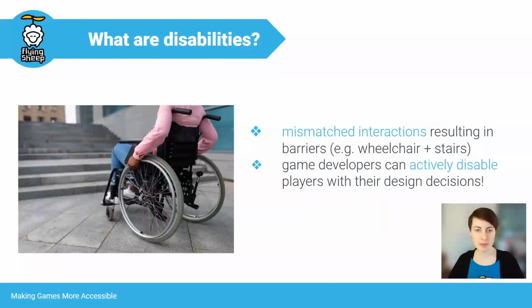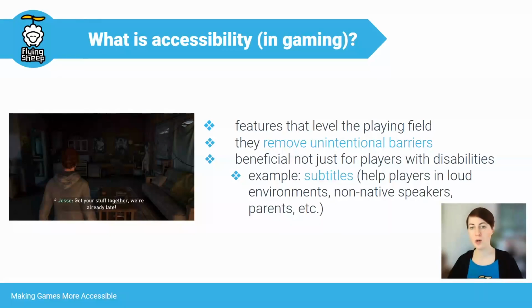So accessibility features are implemented to allow players with certain impairments to be able to play a game in the first place and to ideally have an experience that's as close as possible to the vision of the creator of that game. And in doing so, they level the playing field between different kinds of gamers.